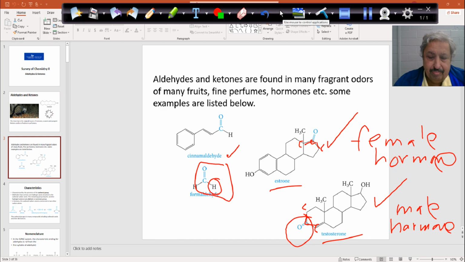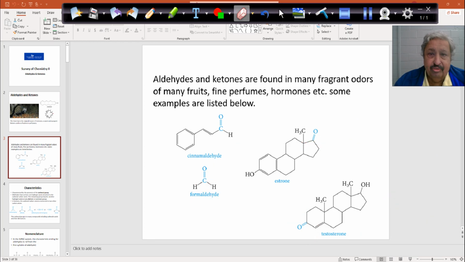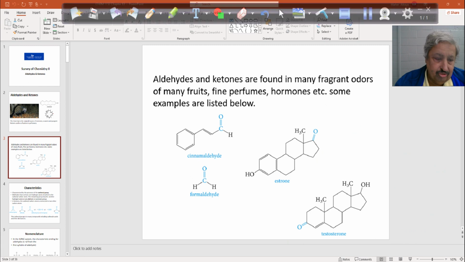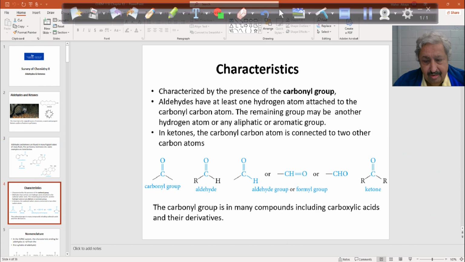Most of the plants and trees have those, and they have a distinct smell, by the way. Like cinnamon, for example, that's cinnamon aldehyde, and so on. So as I said, we are concentrating on the most important naming and physical properties, and then chemical reactions.